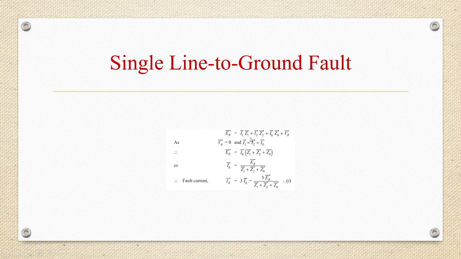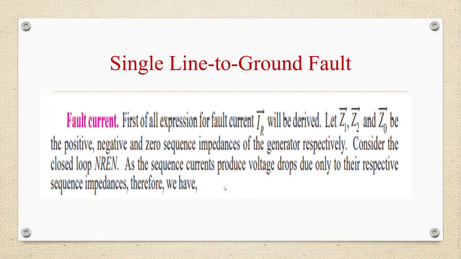So I0 I can take common, and ER becomes I0 times (Z1 plus Z2 plus Z0). So now I0 we can write as voltage by impedance, that is ER by (Z1 plus Z2 plus Z0). And the fault current IR will be equal to 3 times I0.